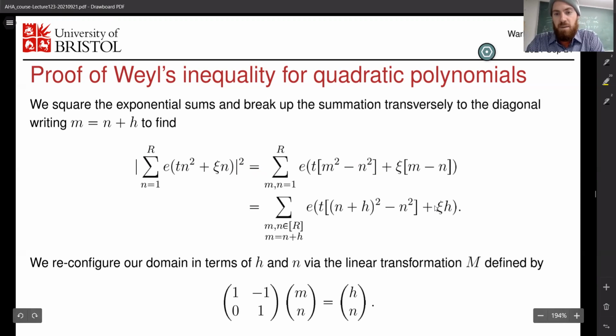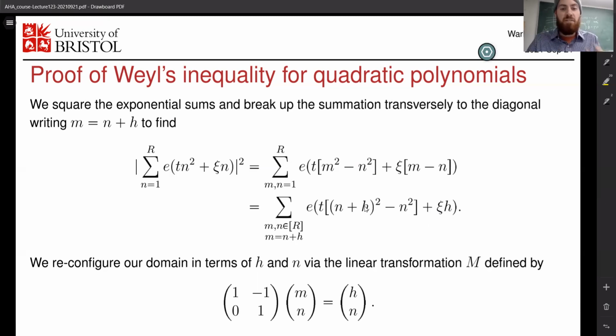So we have C depends only on the shift H. So if I just rewrite my exponential sum, which is currently over 2 variables M and N, as over, say, N and H, then we're going to be able to apply the triangle inequality in terms of H, and it's going to just leave us with something for N. The N actually has an H component to it, but it washes out. So let's see how it washes out.